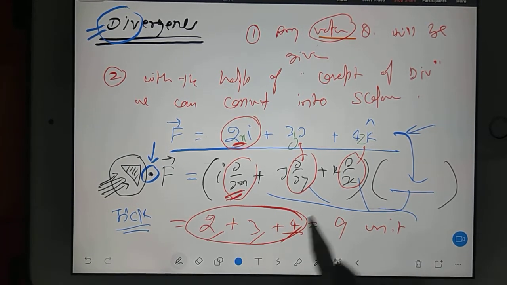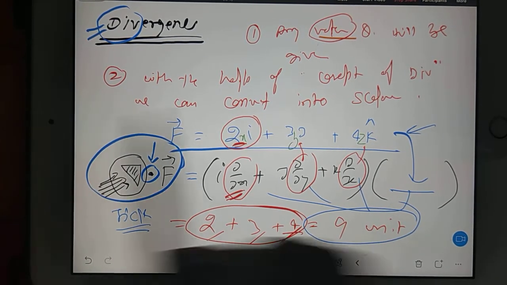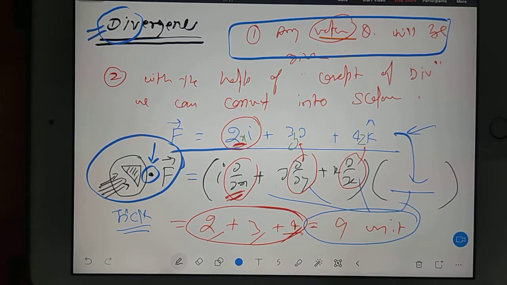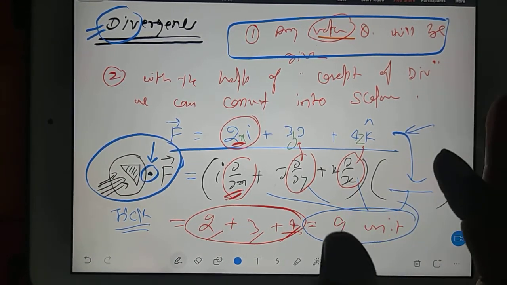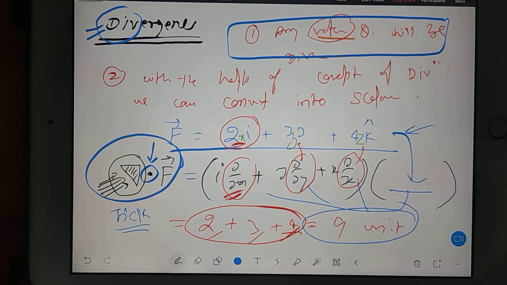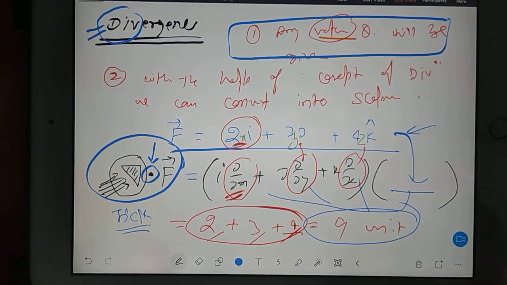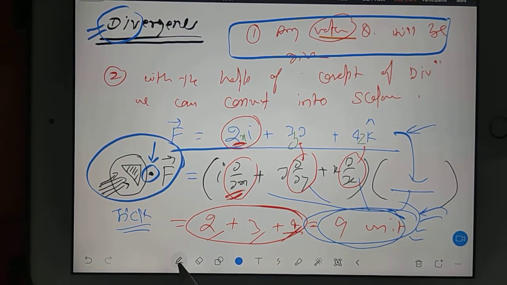See here, is it coming 0? No. It means you have divergence in this vector field. But there are certain examples where you may not have divergence, where your answer will come 0. Currently divergence is there, 9 units.